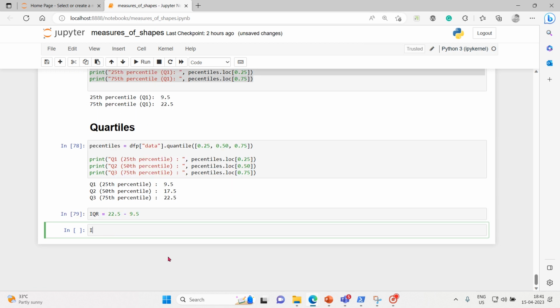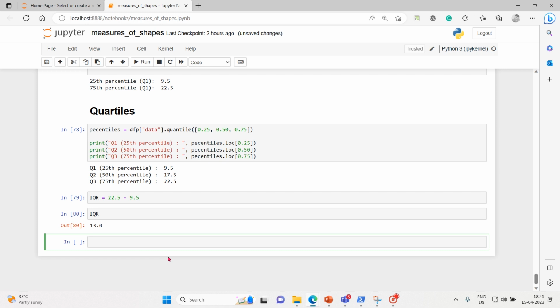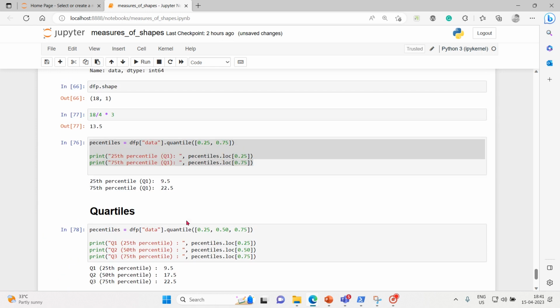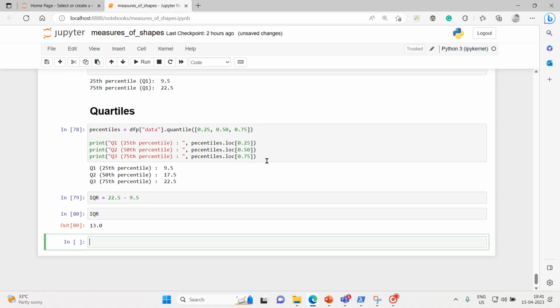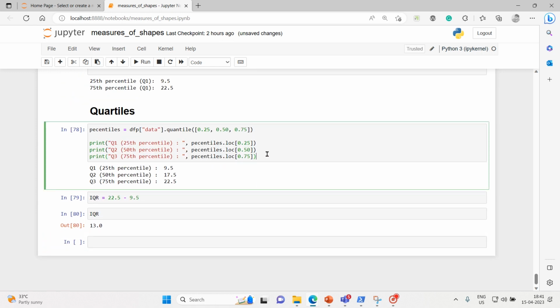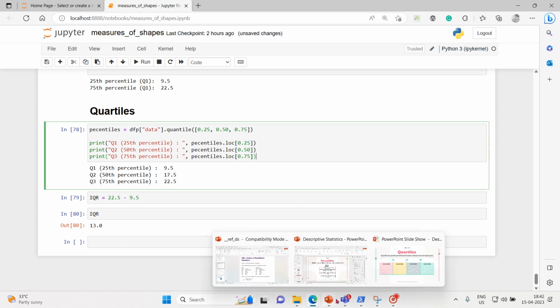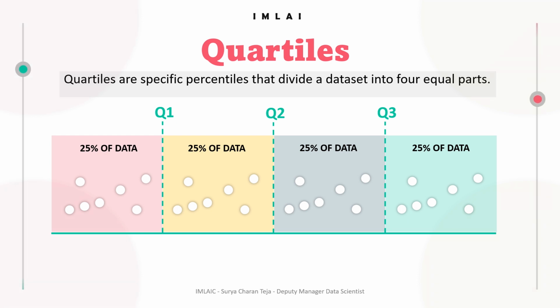The IQR is 13.0. That's the entire interquartile range, and this is how we calculate the quartiles. You can by and large use the same methodology to calculate the quartiles for real world data sets also. And here is the illustration to understand quartiles in detail.